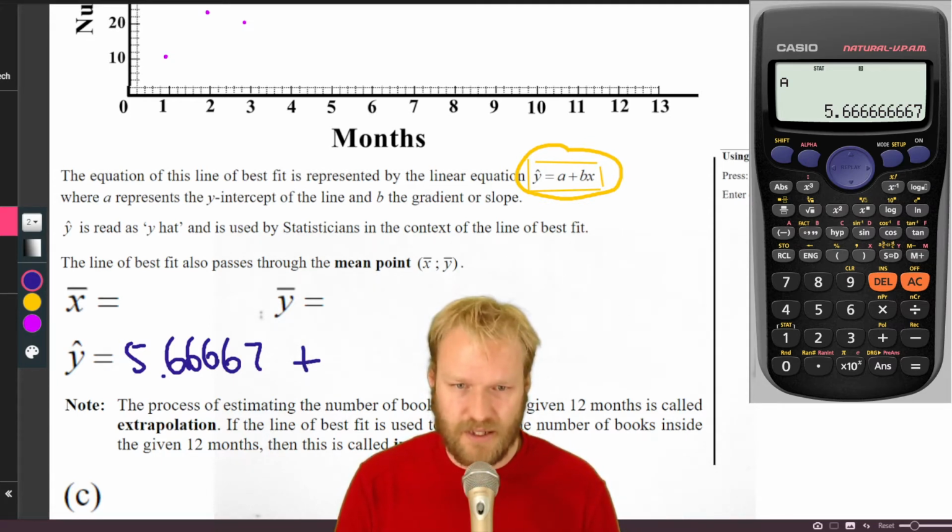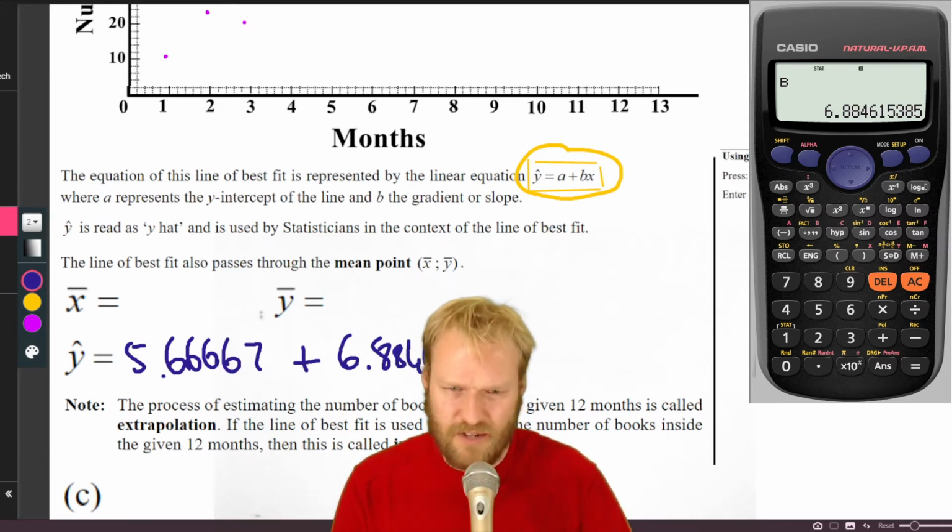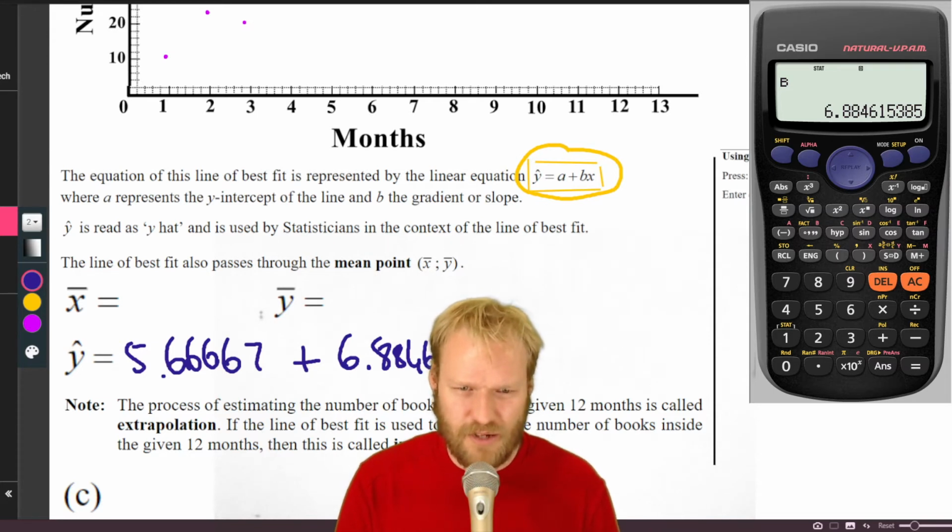So plus b times x, and our b value, let's go for it. Shift 1, 5 for regression. B, we'll go for 2. 6.88461, 6.8846, etc. I have many decimal places, but normally we use quite a few.